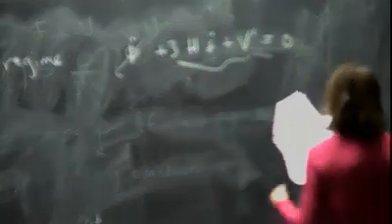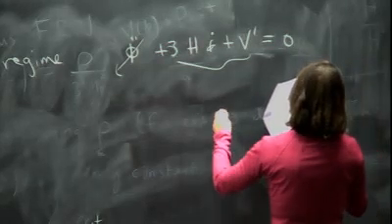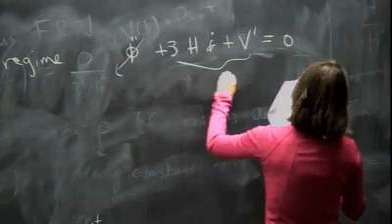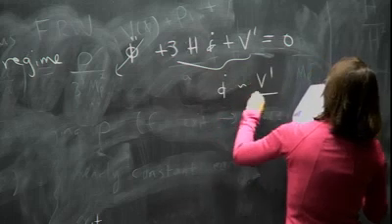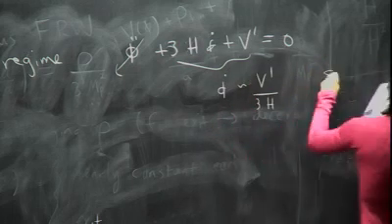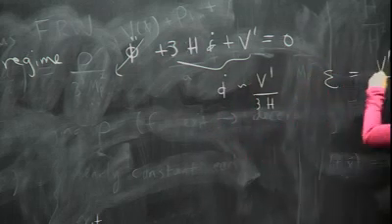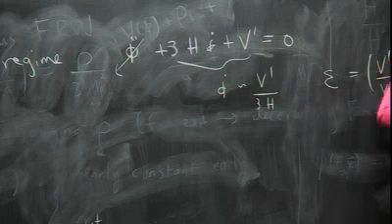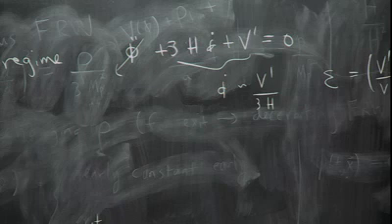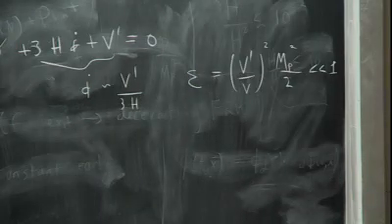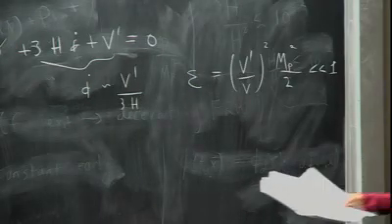First off, from that we get that phi dot goes like V prime over 3H, and so epsilon could equally well be written in terms of the derivative of the potential normalized in this way, the first derivative.